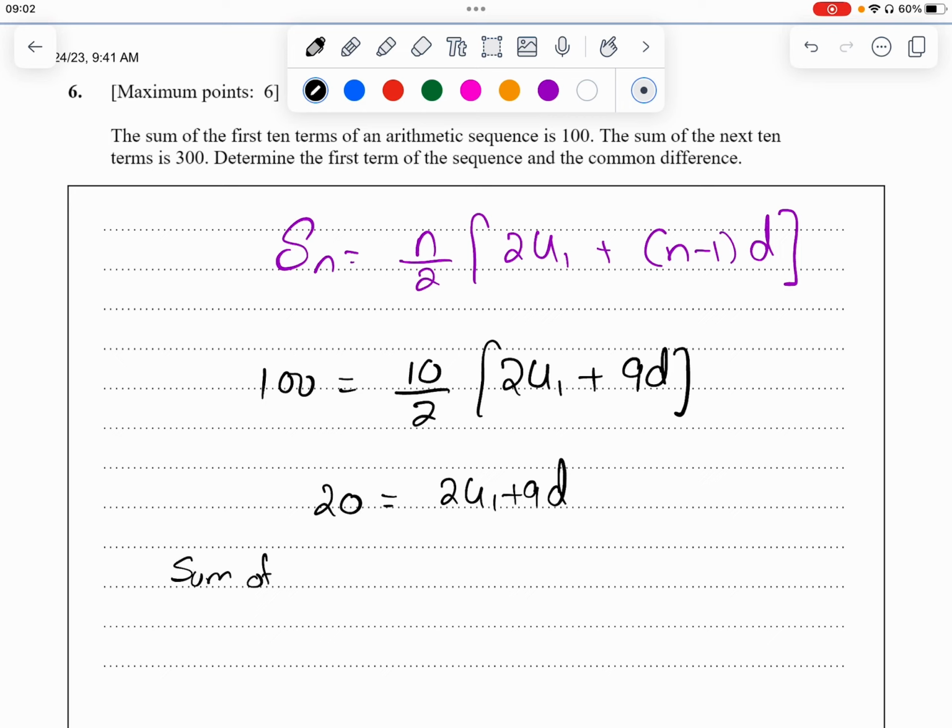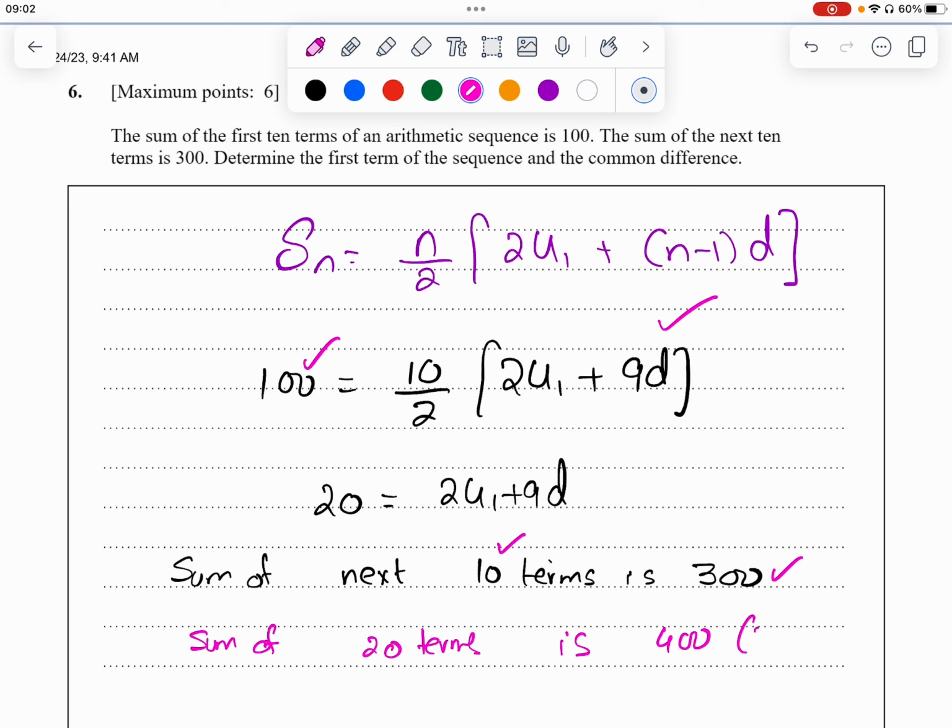The sum of the next 10 terms is 300. What does that mean? The sum of the total, these 10 terms and these 10 terms, 20 terms, is going to be 300 plus 100, which is 400.